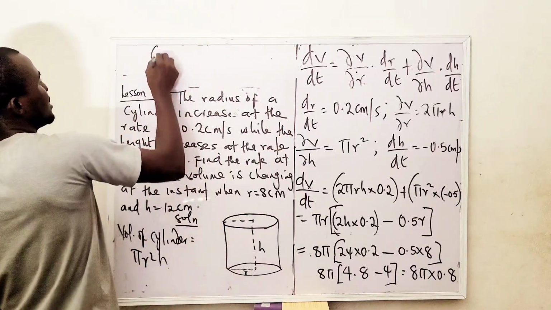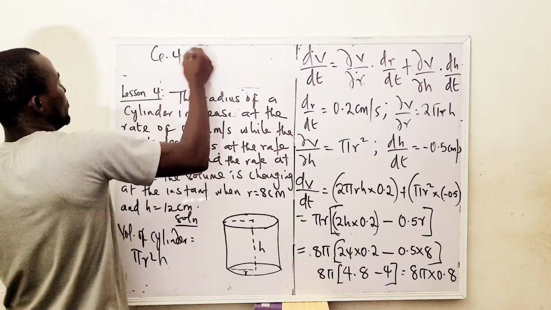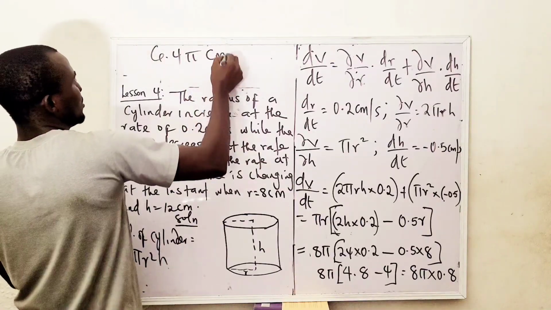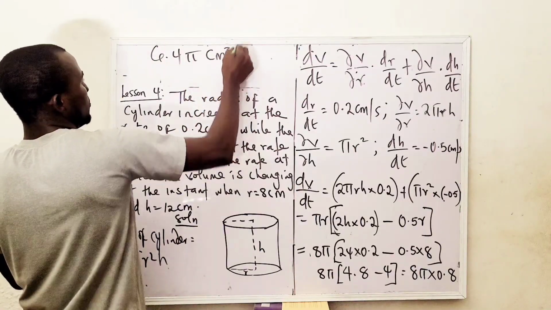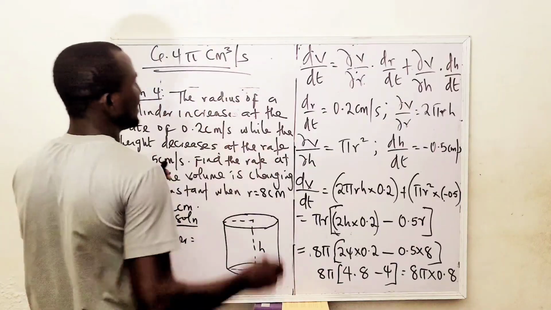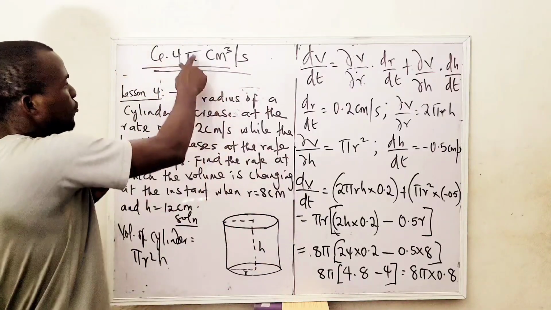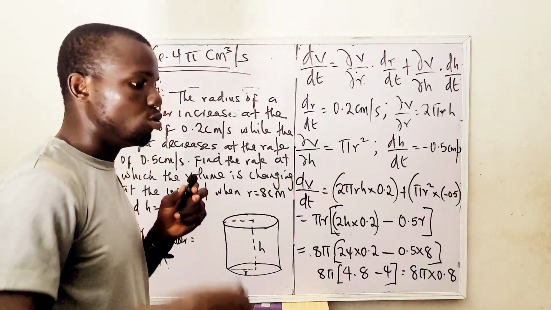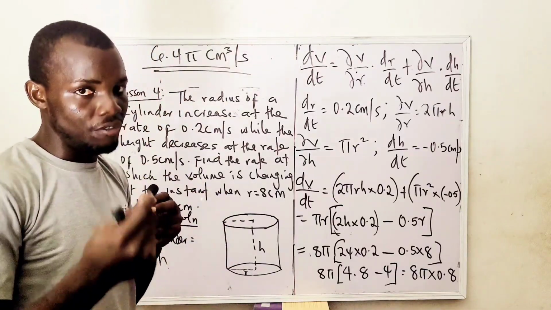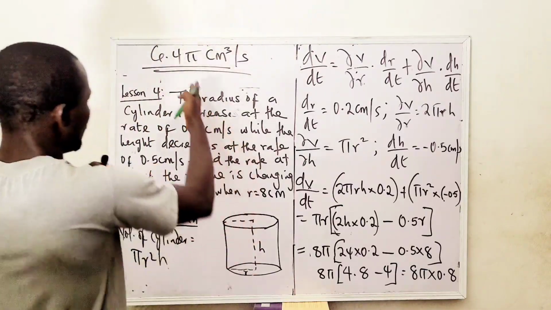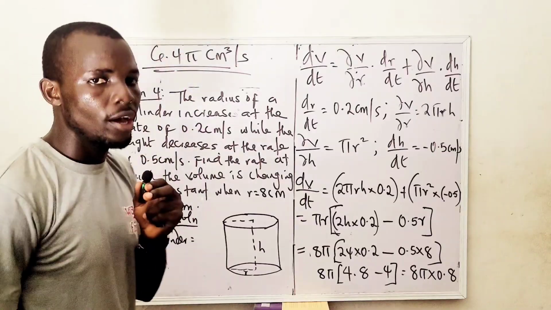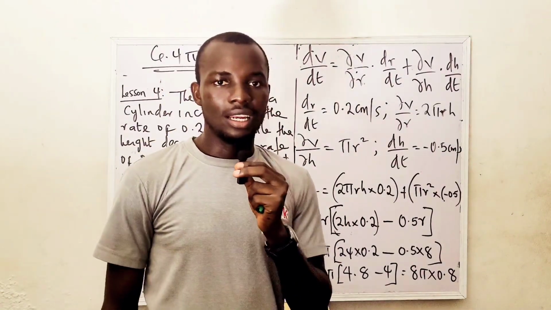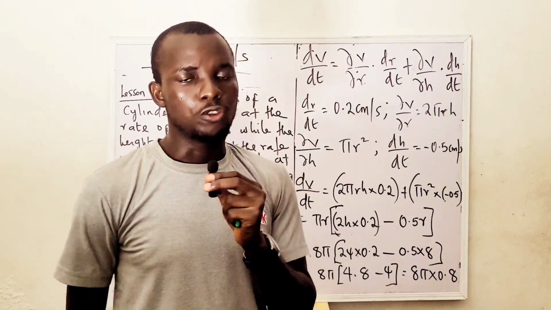That would be 6.4 pi centimeter cube per second. That is what you are going to have. And if we plug in the value of pi, perhaps 3.142, we will get a value. But in terms of pi, that is what you are going to get, and that will be the end of this lesson. Don't forget to follow for more.